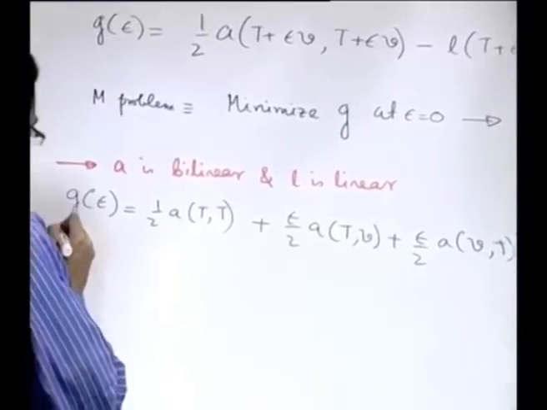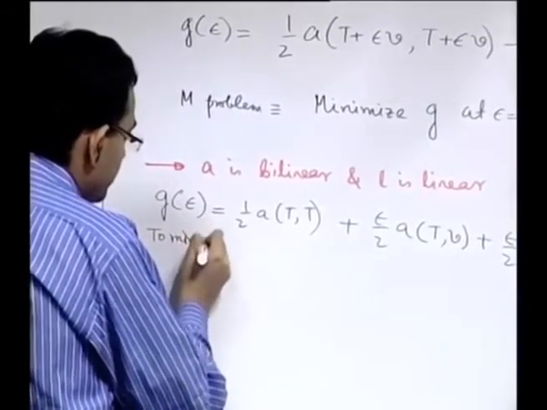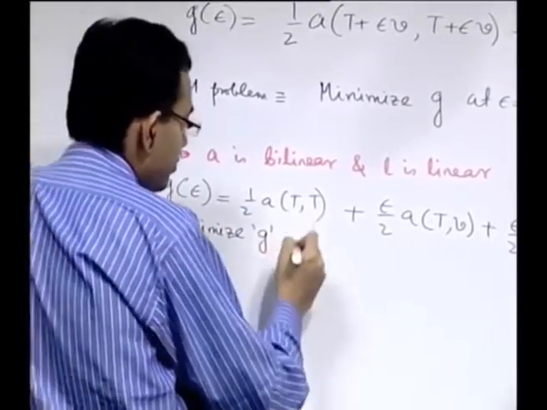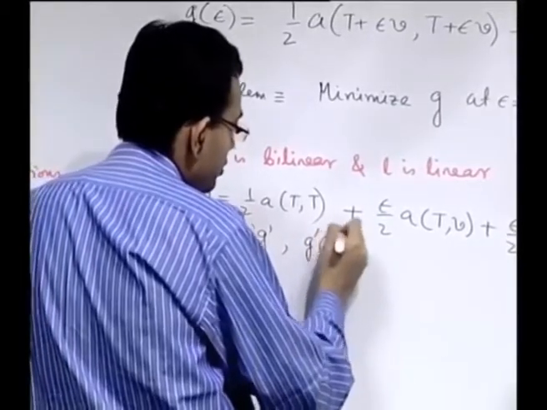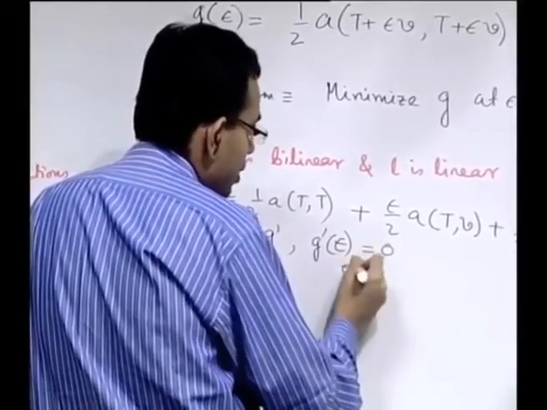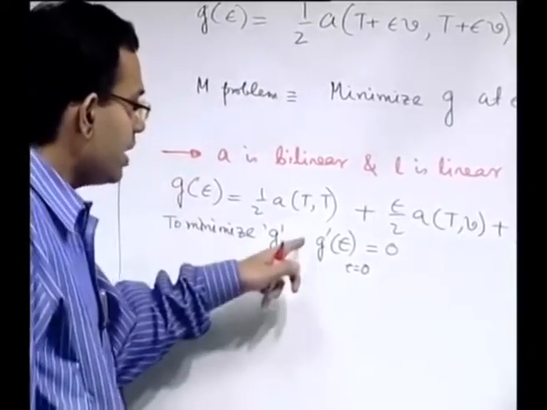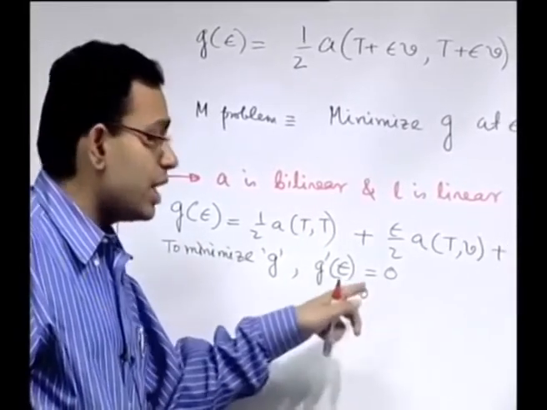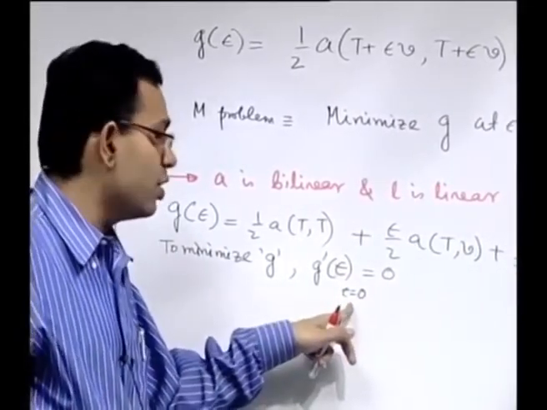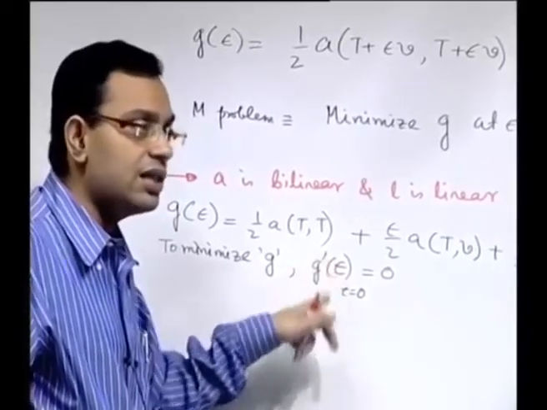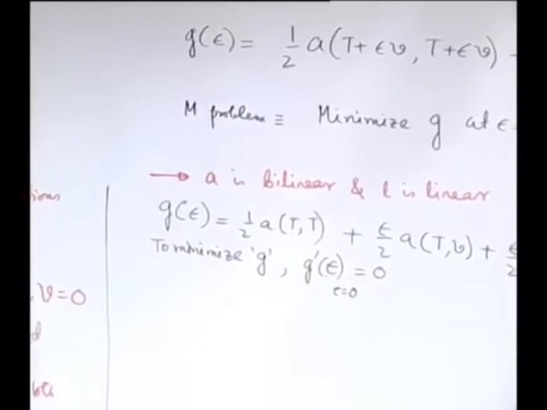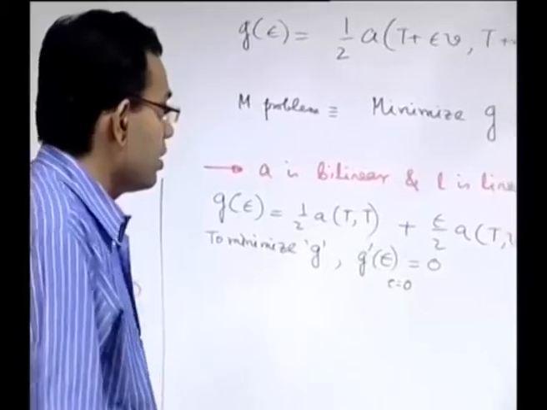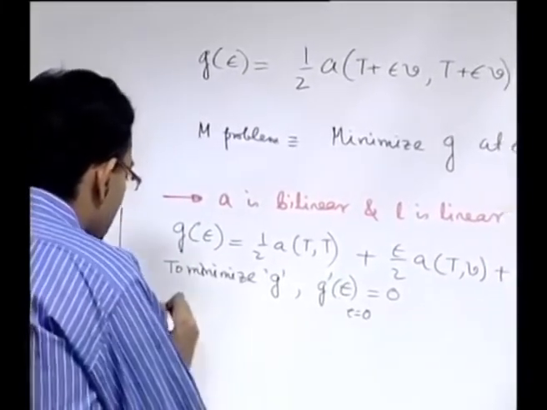To minimize G, we must have g dash epsilon equal to 0, and since we are minimizing at epsilon equal to 0, we must substitute g dash epsilon at epsilon equal to 0 equal to 0. Remember, epsilon equal to 0 is not substituted first; obviously you first find g dash epsilon and then substitute epsilon equal to 0, because at epsilon equal to 0 your minimization condition is satisfied. Now g dash epsilon, what is g dash epsilon?